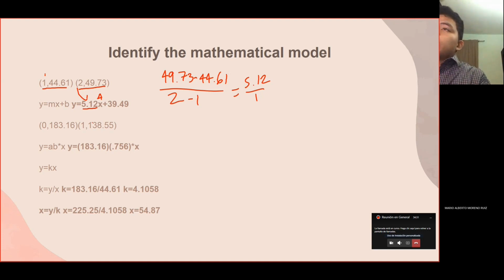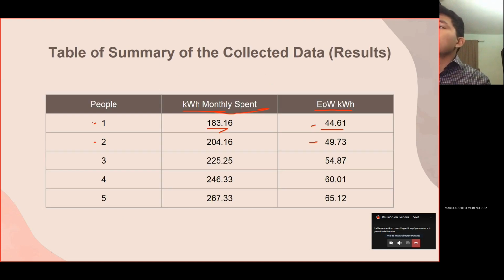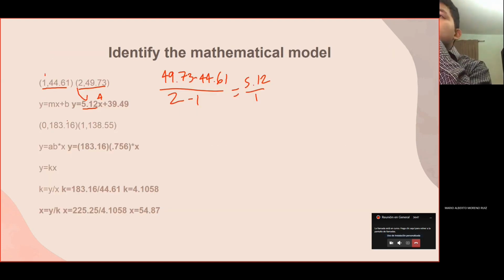Okay, so now we are going to go with the second mathematical model, and this one right here. This one uses this equation. Let me explain a little bit what happened right here.